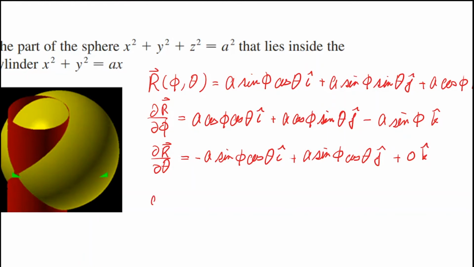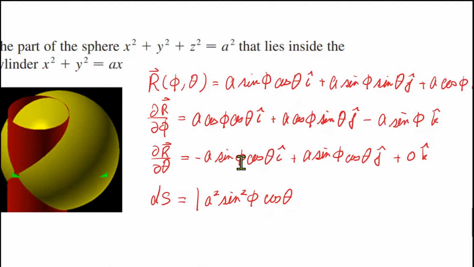Okay, so dS is the magnitude of the cross product of this. So let's try to figure it out. Imagining i, j, k here, so i is this and this, minus this, so you have a squared sine squared phi and cosine theta. Good. And j vector, this, so that's 0, and this way is a squared sine squared, right?